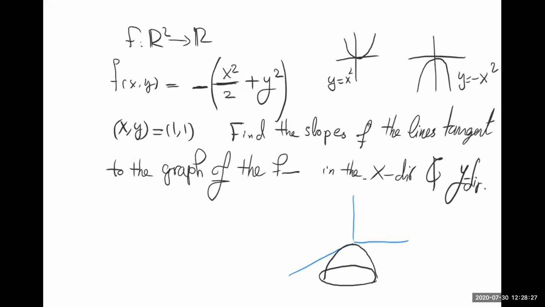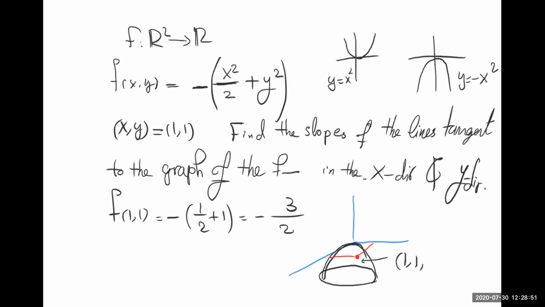The minus of the familiar paraboloid looks like this. Point (1, 1) is here, and f of (1, 1) is minus 1 over 2 plus 1, which is minus 3 over 2. So this point on the surface of this function is (1, 1, minus 3 over 2).